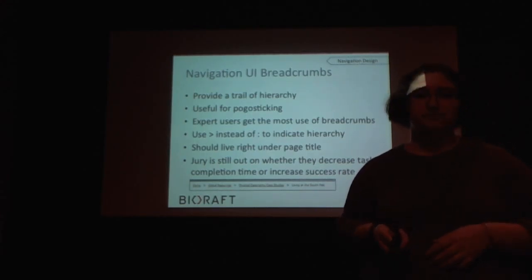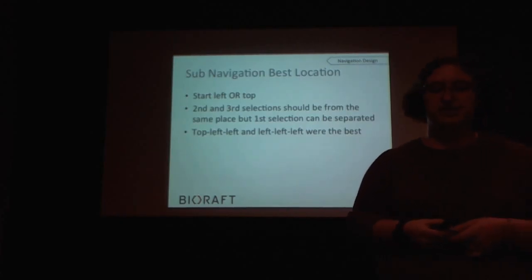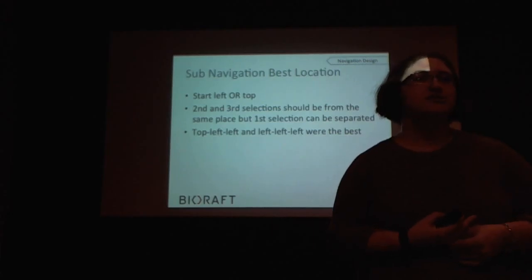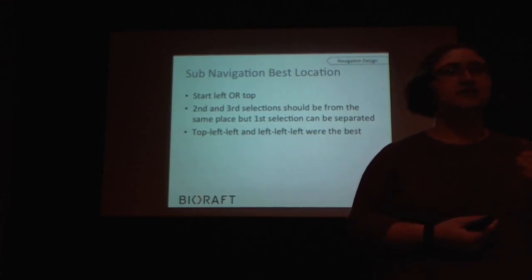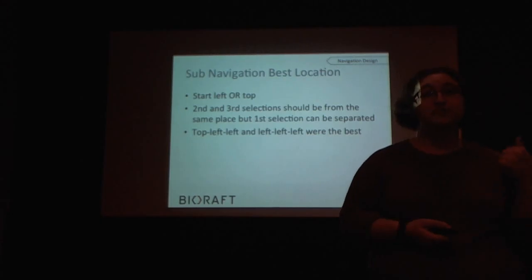So then we've talked about where to put our main navigation, sub-navigation. Now, this can get a little tricky because it partially depends on where your main navigation was. You should always start with the left or the top. Your sub-navigation can switch places.